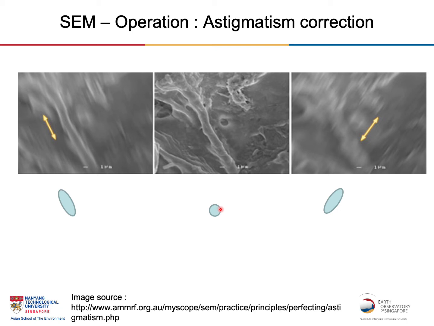We don't have a way to directly see the shape of the beam, but we can see the effect of the non-circular shape of the beam. For this case, the beam is oval in the northwest and southeast direction, and the resultant image is elongated in that direction. Similarly, when the beam is elongated to the northeast and southwest direction, we have image elongation in the same direction as well.